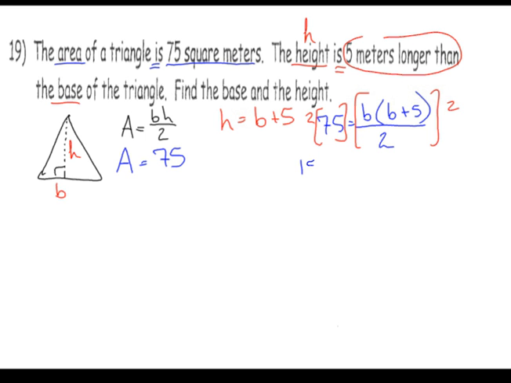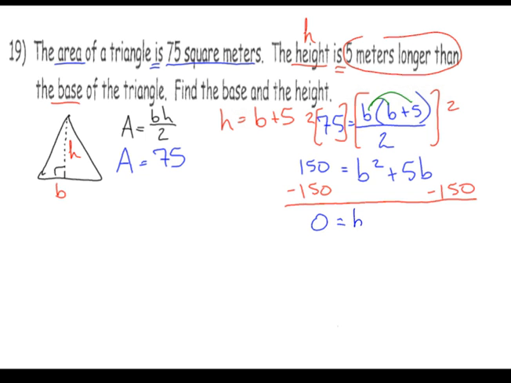So I have 150 is equal to, I'm going to go ahead and distribute these together. So that gives me b squared plus 5b. I'm going to subtract 150 from both sides of my equal sign. So I now have 0 is equal to b squared plus 5b minus 150.